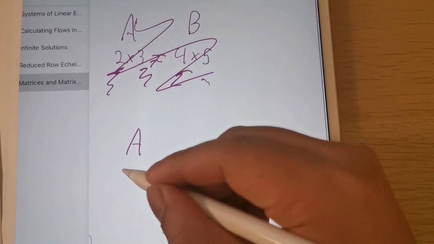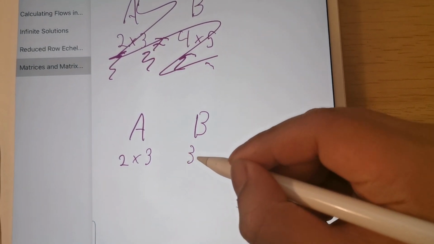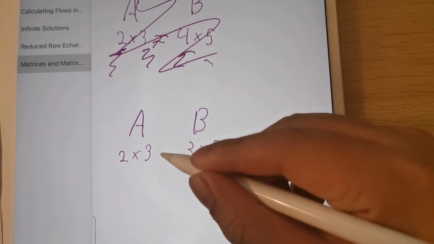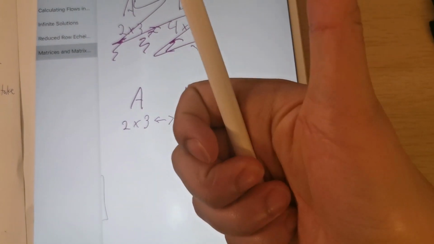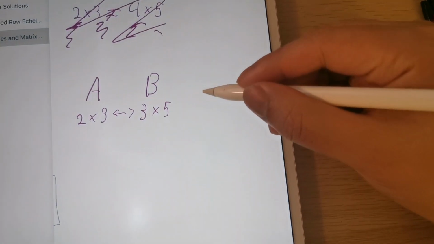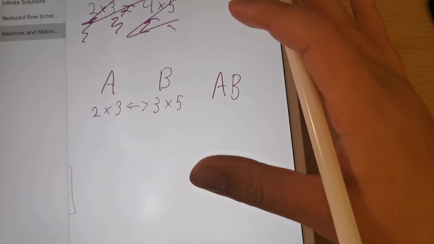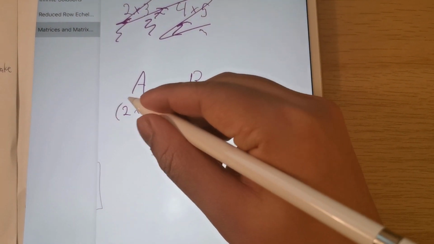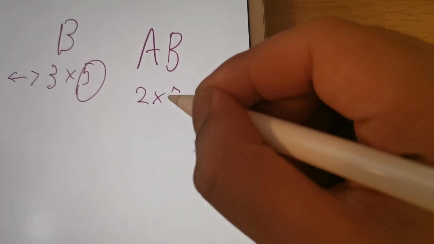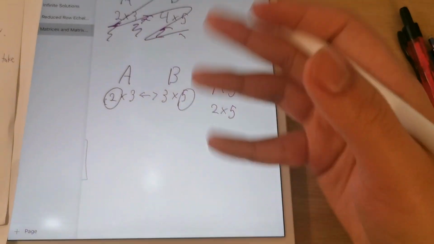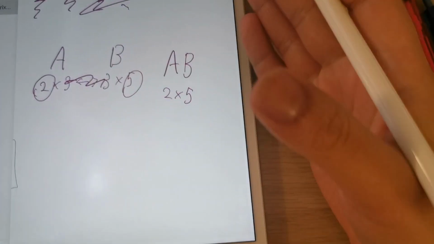But if A has order 2 by 3 and B has order 3 by 5, these two match, which means it is valid, and the new matrix AB will take the row of A and the column of B, so it will be order 2 by 5. That's a really simple way of doing it. You cancel the matching numbers together and then smush the rest together, and that's AB.